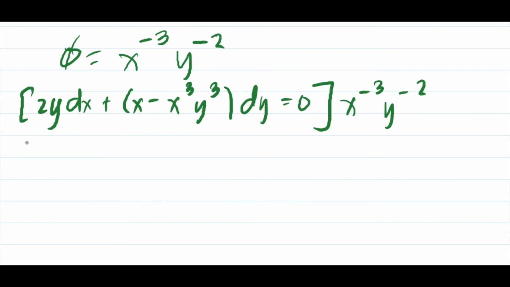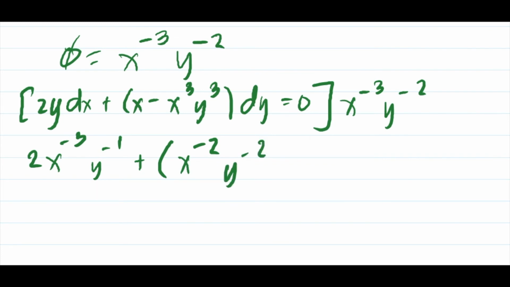Multiplying, this becomes 2x raised to negative 3 y raised to negative 1 dx plus (x raised to negative 2 y raised to negative 2 minus y) dy equals 0.